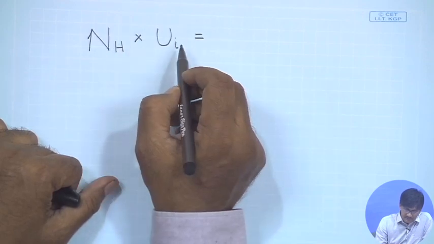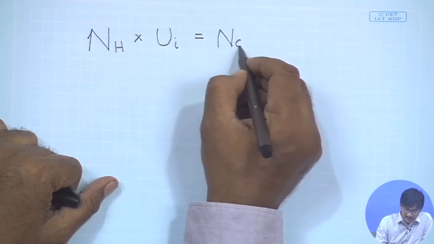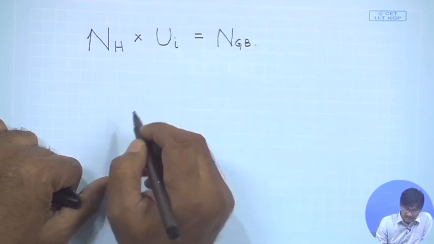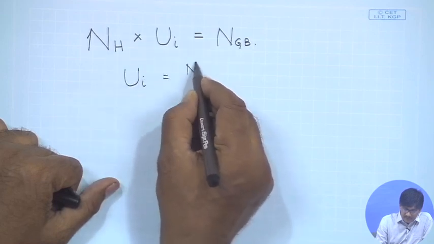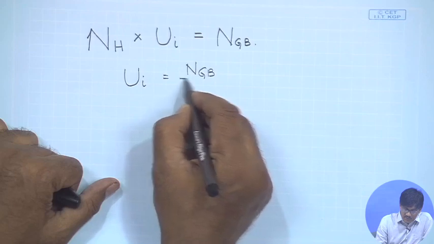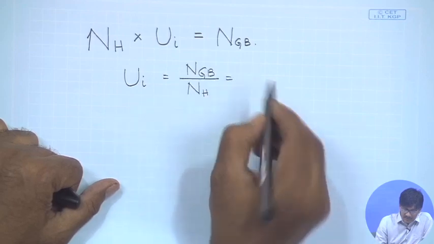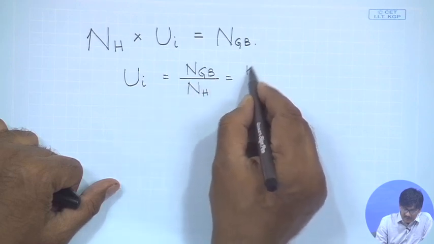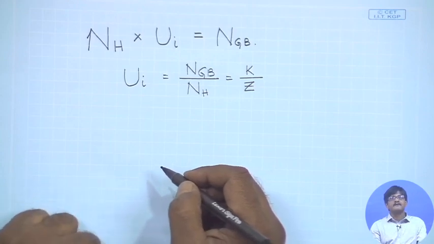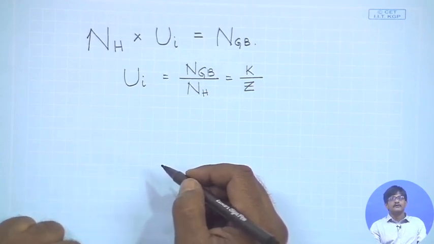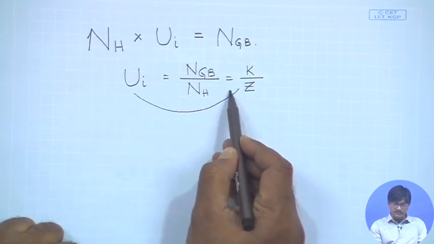Hob times UI, we must be getting the gear blank. Okay. Therefore, UI must be equal to the rotation of gear blank divided by the rotation of hob, and this we know has to be equal to K by Z. Okay. So now we understand that UI is equal to this one.